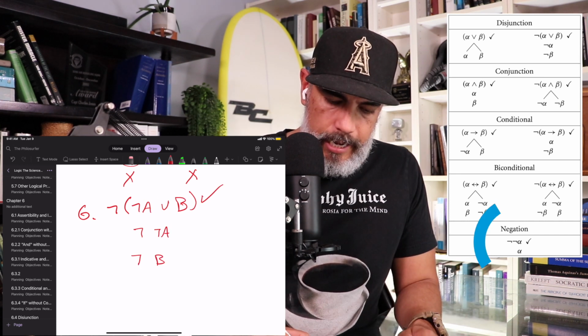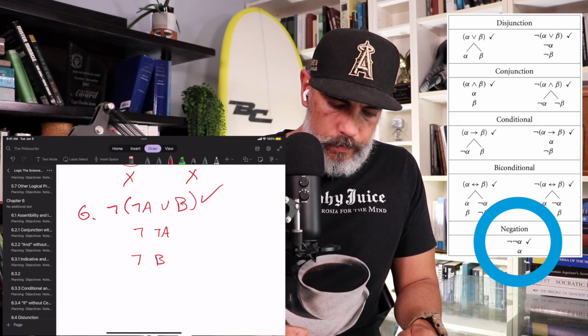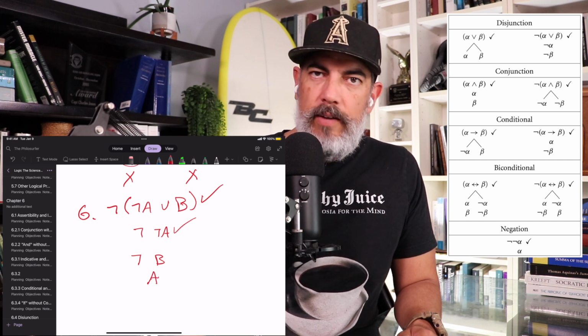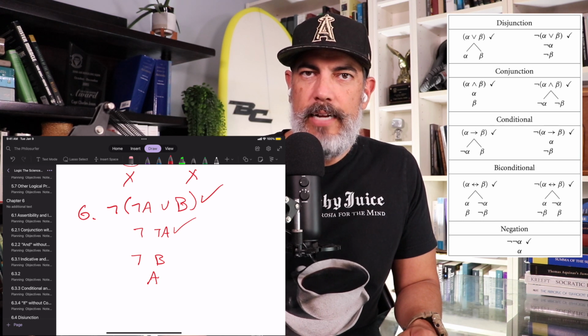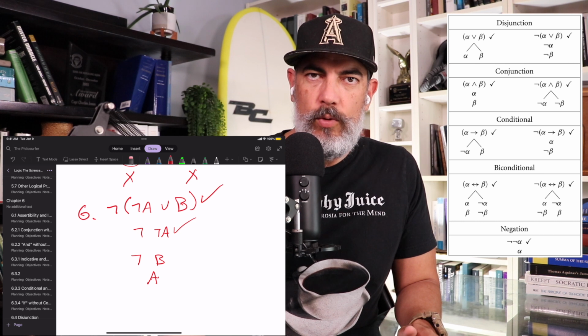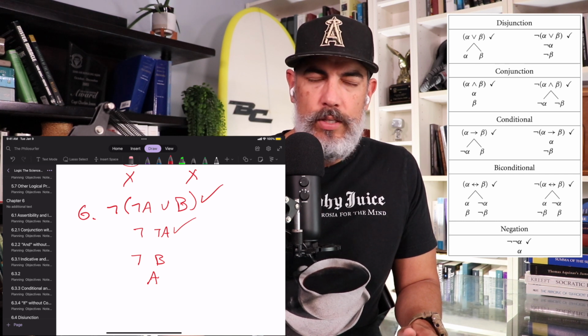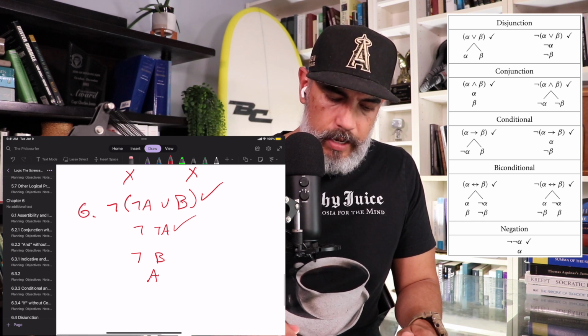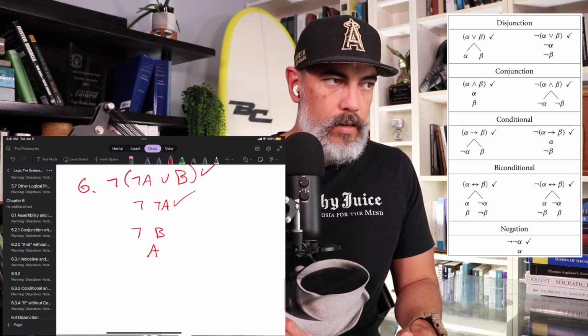I have a not A. I can apply the negation rule. And one thing I want to warn you on, and I may have already made this mistake, is not to check the thing off unless you've actually done the rule, because sometimes you will forget to do the rule and you'll make a mistake. So don't do that. All right, then we have not B and A, which is all we need.